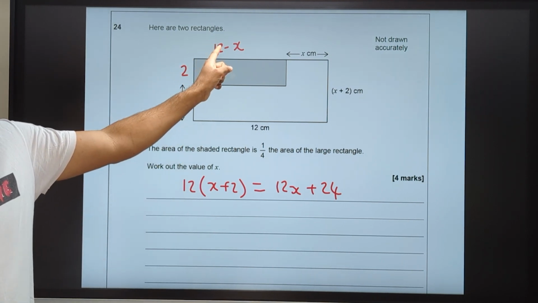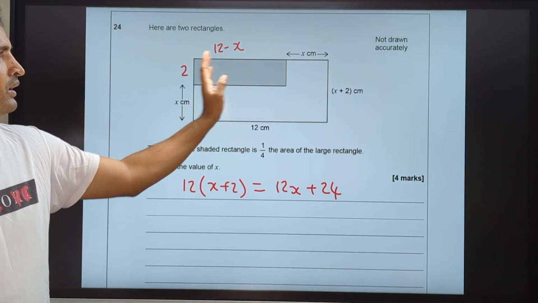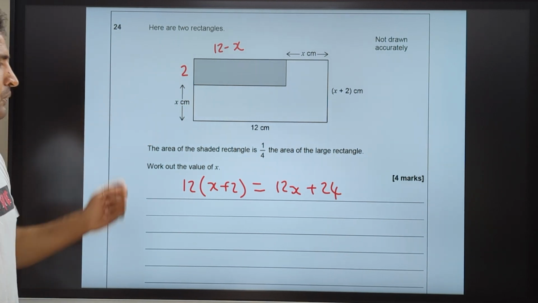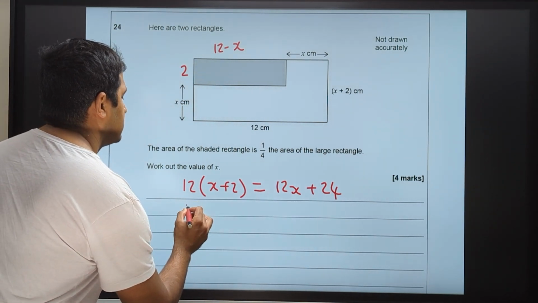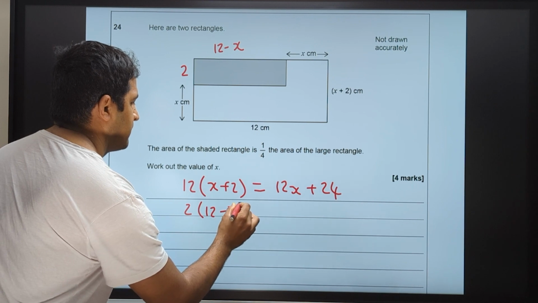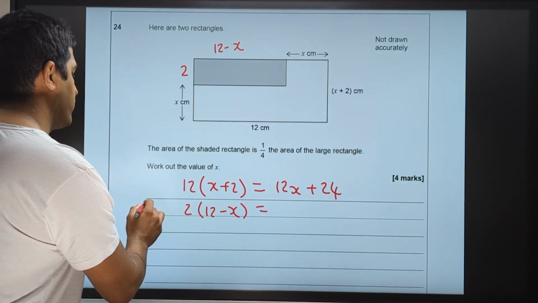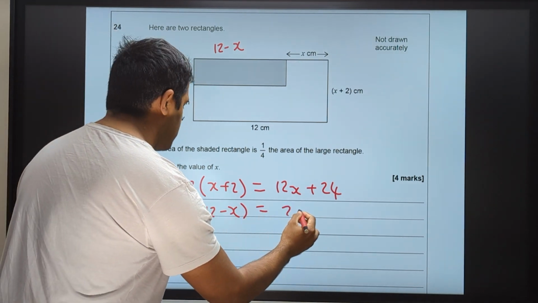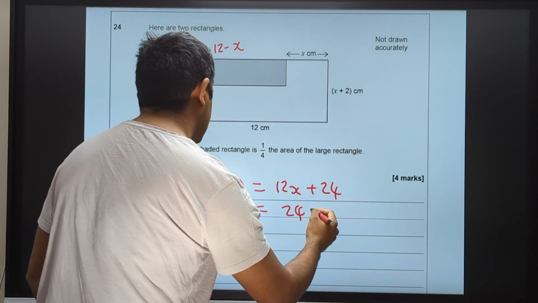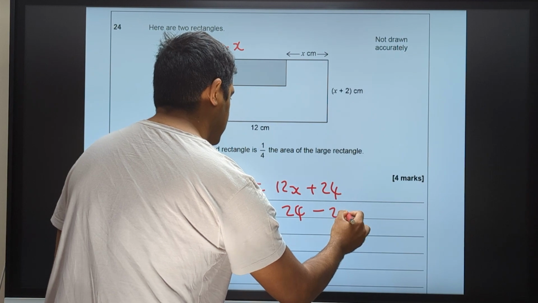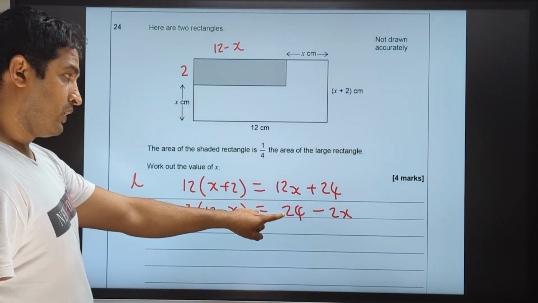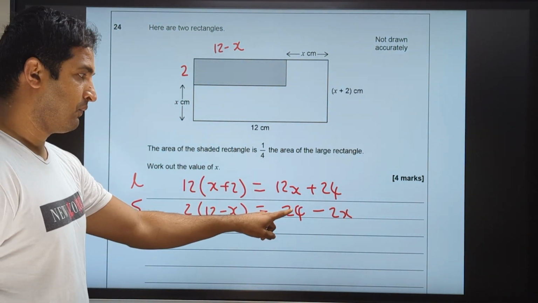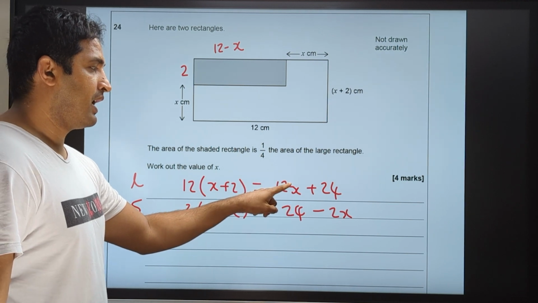It's 2 times 12 minus x, which is 24 minus 2x. We know that the large rectangle is 4 times the small one, so 4 times this should be the same as this one here.